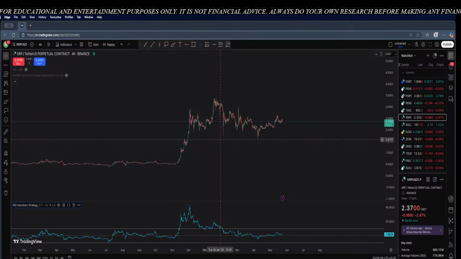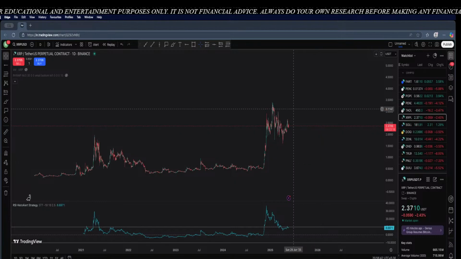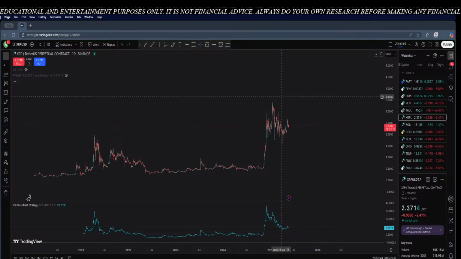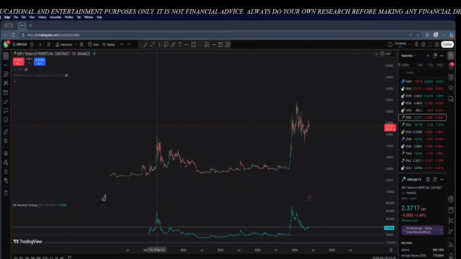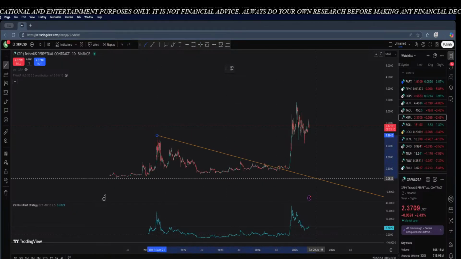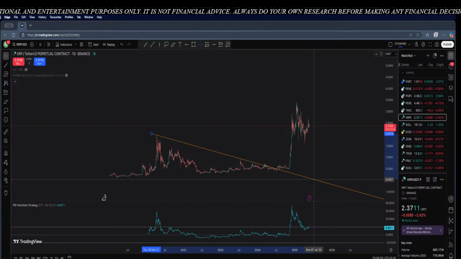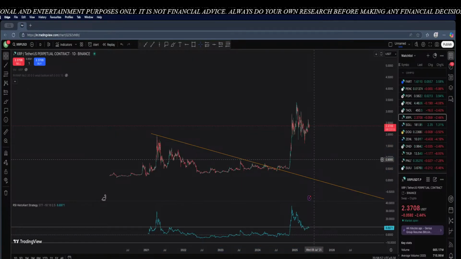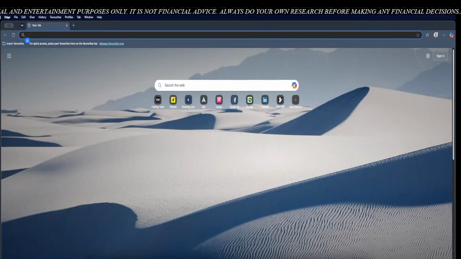All right, the XRP chart looks pretty cool actually, no doubt. Ever since I think Dubai made some major moves with XRP and created a payment system with XRP. Let me just look that up.